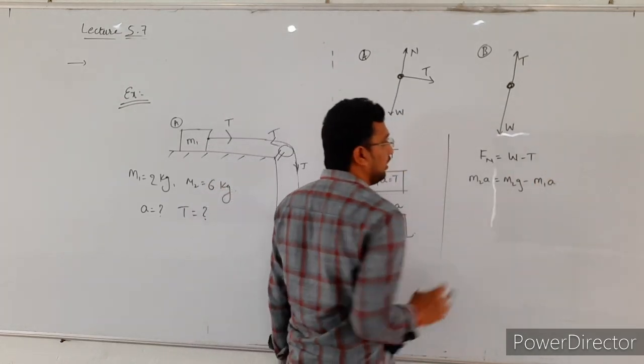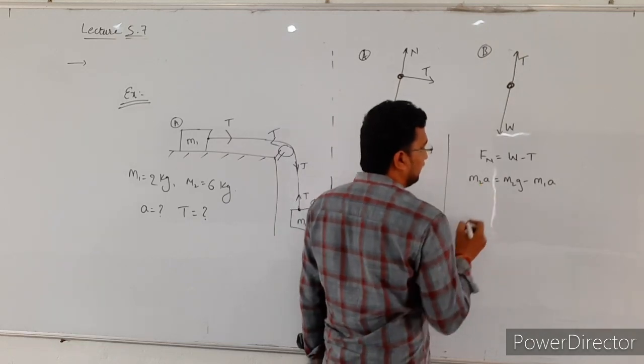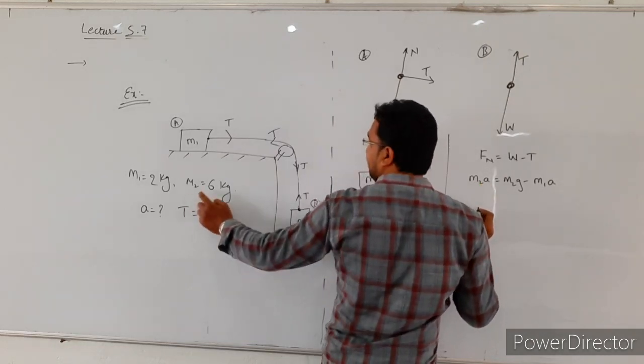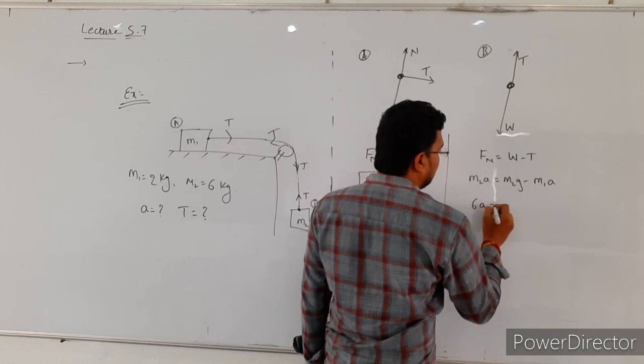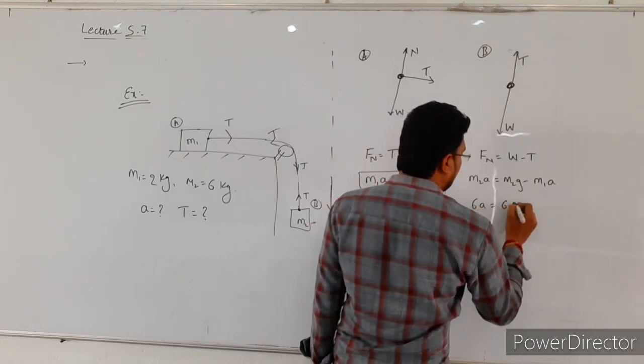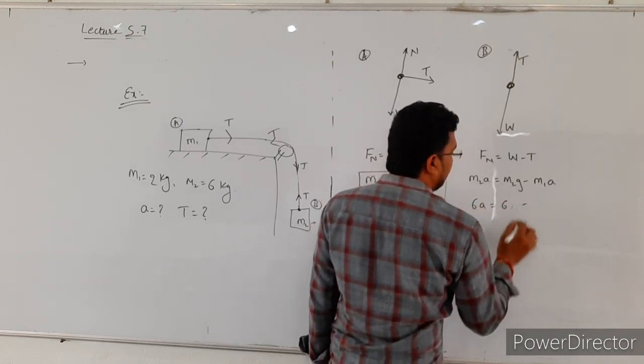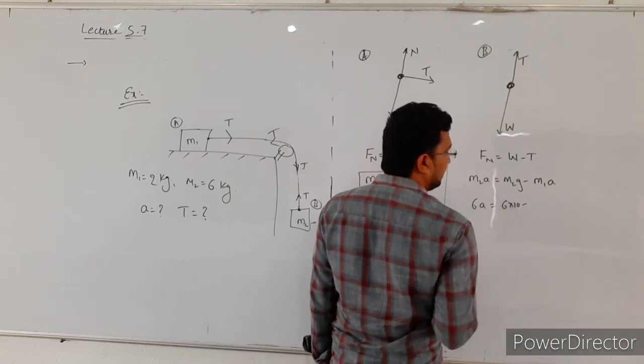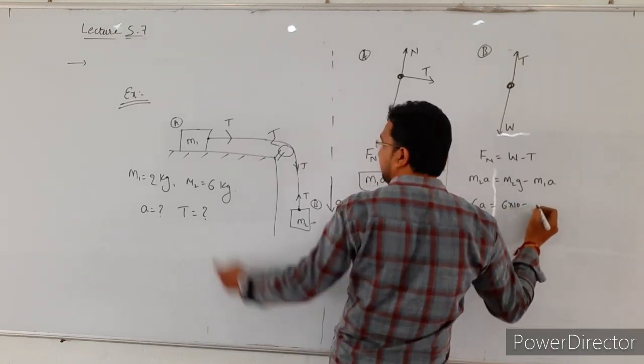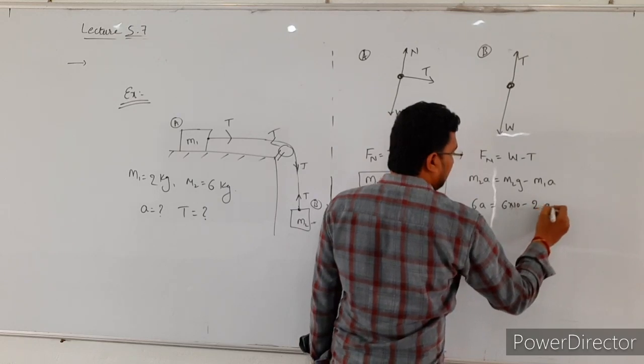Okay, substitute the values here. So here the M2 value is 6 kg, 6A is equal to 6G minus T, take G value as 10, so 60 minus M1A. The M1 value is 2, so 2A, right?